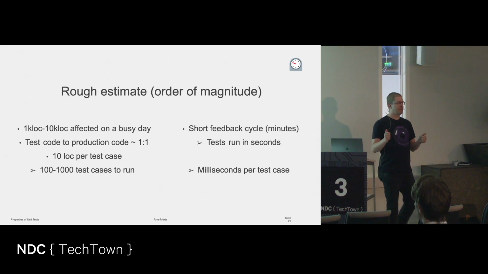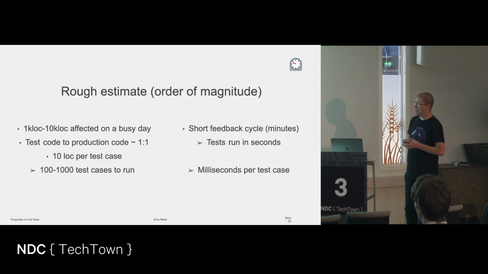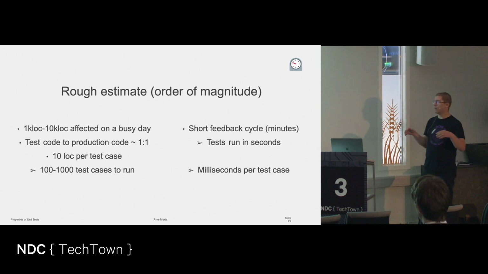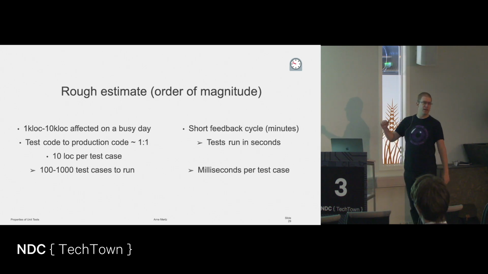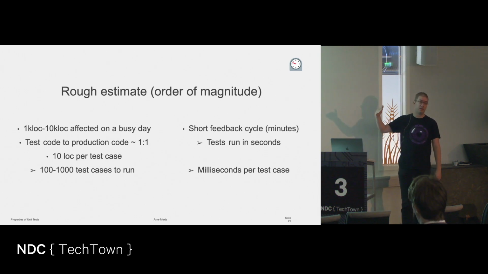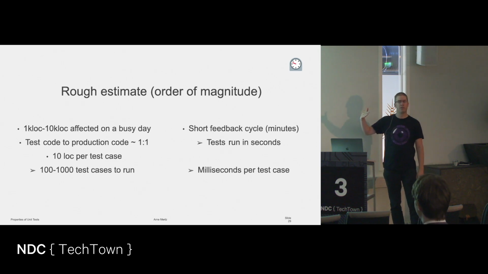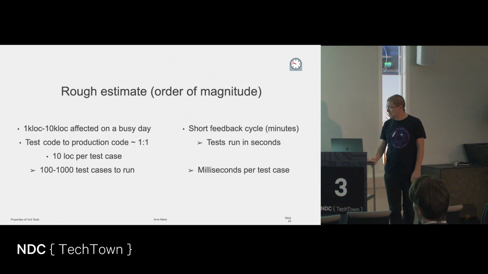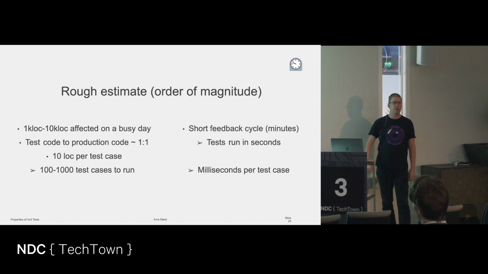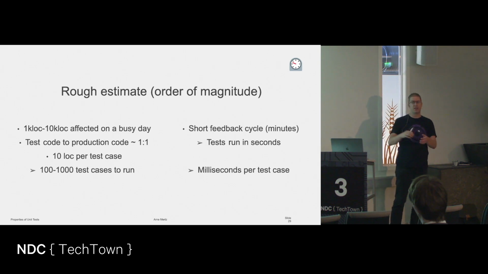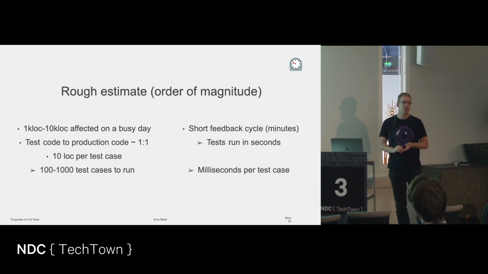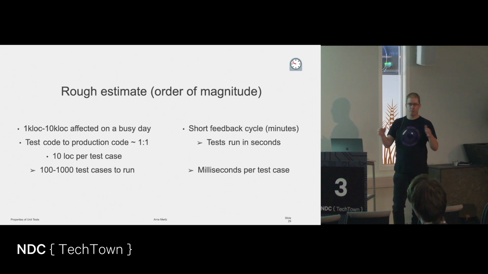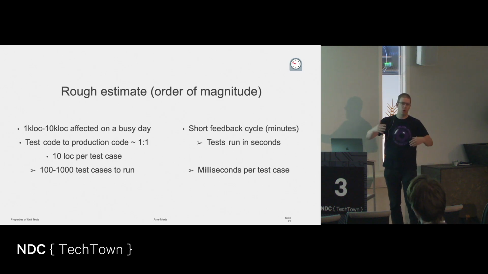Very rough back of the napkin estimate, right? So on a very busy day, we will effect, not actually write, but effect and change about 1,000 lines, maybe 10,000 lines of code if you actually get that far, then you're really fast and either really good or really sloppy. Either of the two, right? So roughly estimate of unit test code to production code, 1-to-1, maybe 10-to-1 if you have really big coverage of unit tests and really long unit test cases.